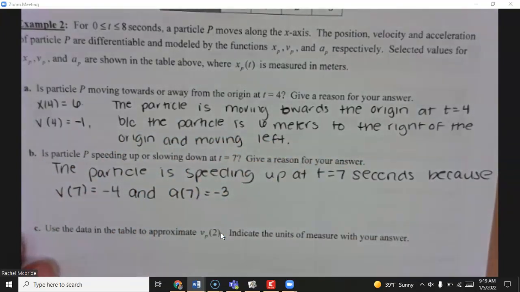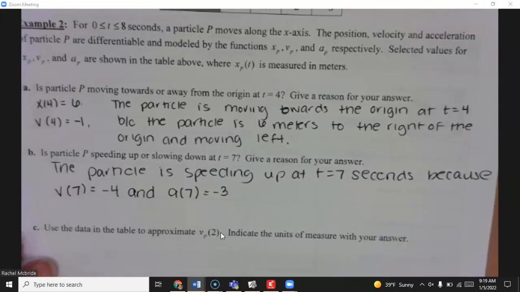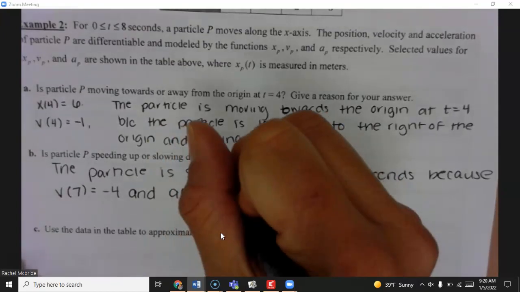Should I just say because velocity and acceleration share a negative sign? You're always better to show the value from the table. Oh, yeah, then as long as it's off to the side. Yeah. Like how here I had it off to the side. So it says particle speeding up at 7 seconds because v of 7 is -4 and a of 7 is -3.